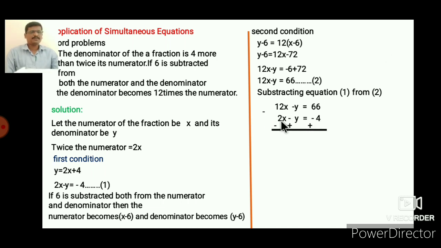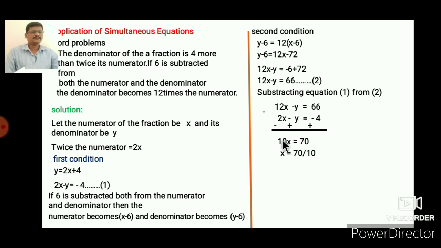Therefore, this plus 2x becomes minus, this minus y becomes plus, and minus 4 becomes plus. Therefore, 12x minus 2x is equal to 10x. This minus y plus y will be eliminated, is equal to 66 plus 4 is 70. Therefore, 10x is equal to 70.